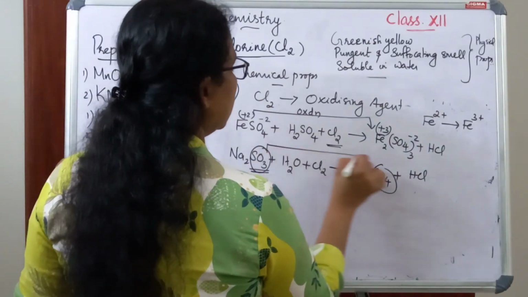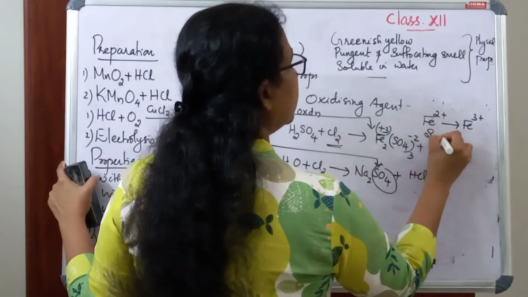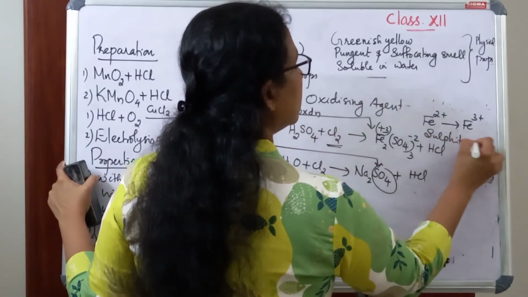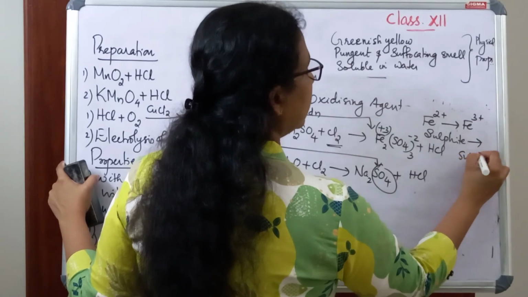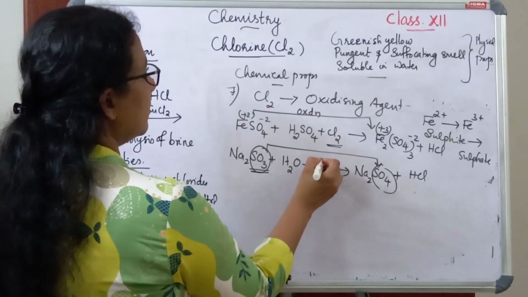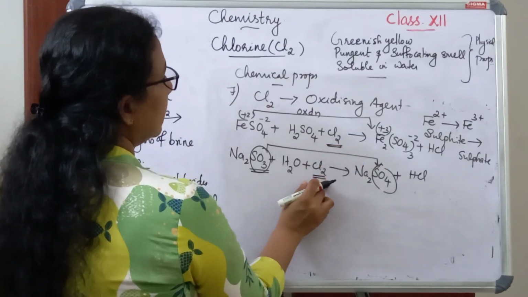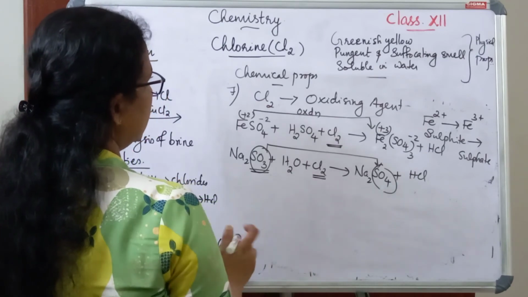So SO3 is sulfite. I have already told you sulfite changes to sulfate. So that is the reaction. That reaction takes place in the presence of Cl2. So Cl2 here acts as an oxidizing agent.